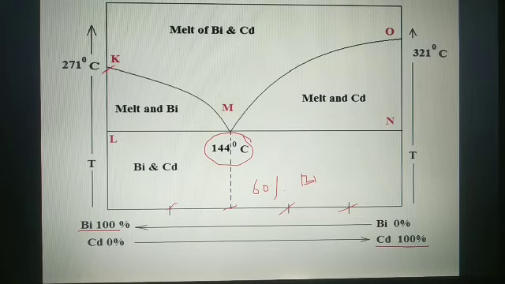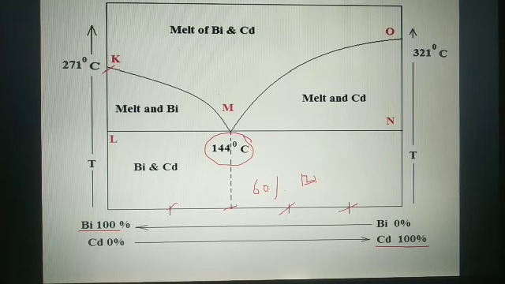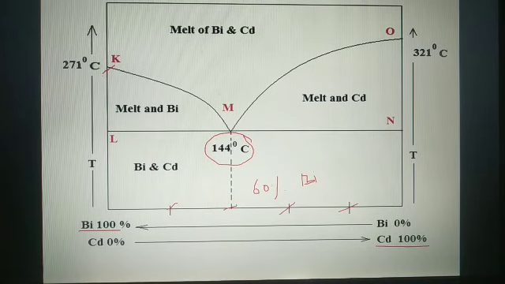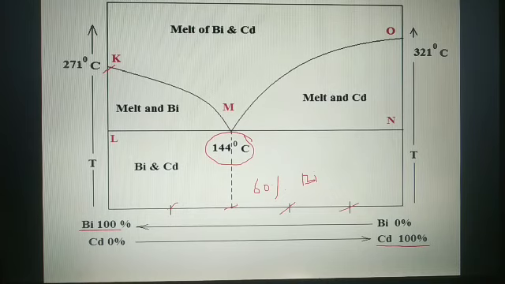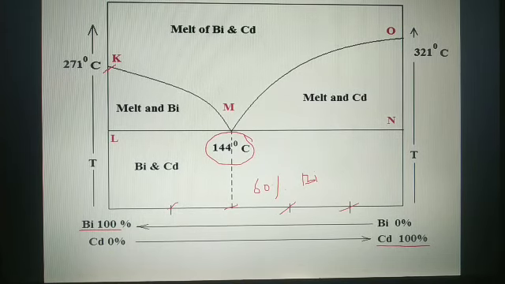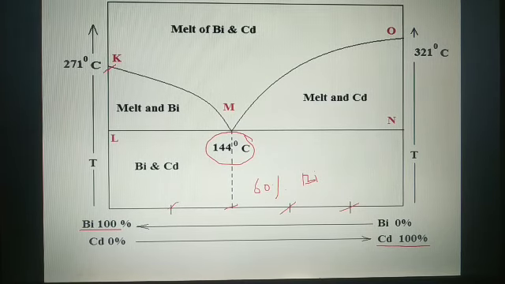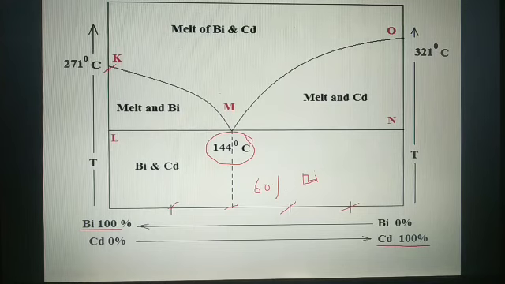In the area KML, melt and bismuth are there. Below this line, bismuth is present in the solid state as well as melt. Melt means molten bismuth plus molten cadmium. In the region MON, there is molten material plus cadmium. And above KMO, the whole material is molten liquid.